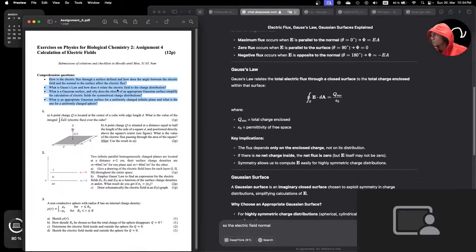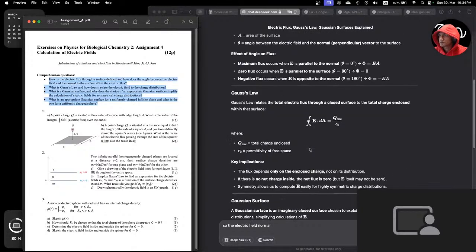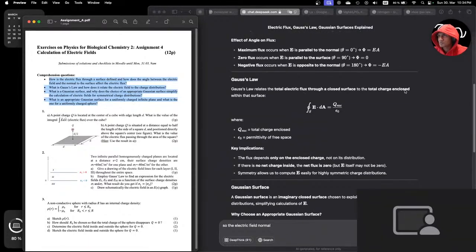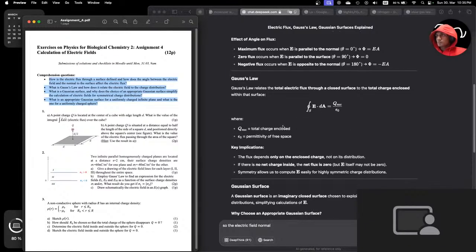What is Gauss's law and how does it work? Charge enclosed over permittivity of free space.